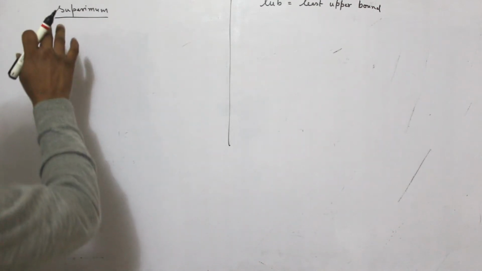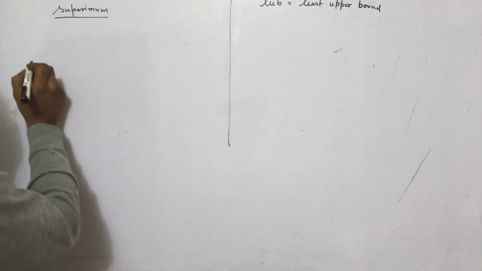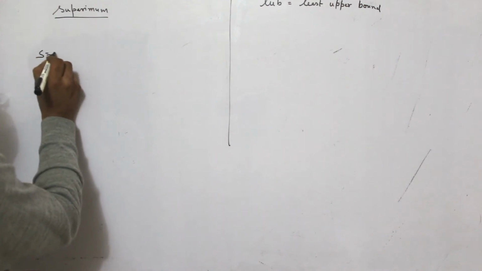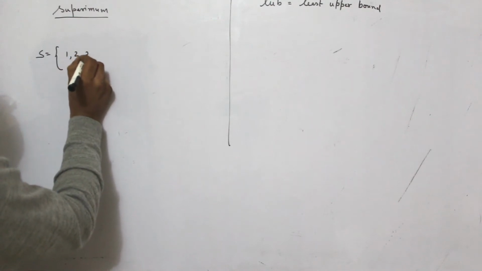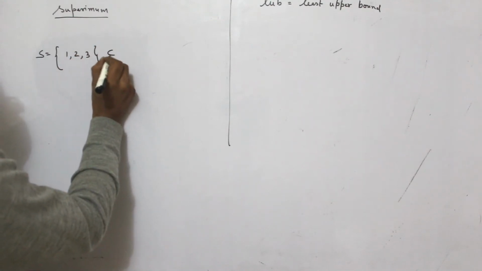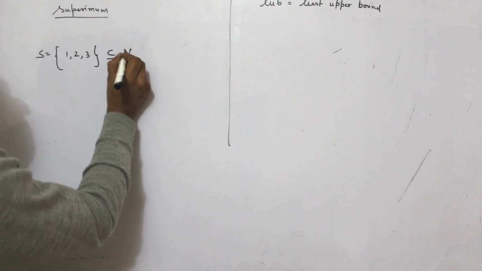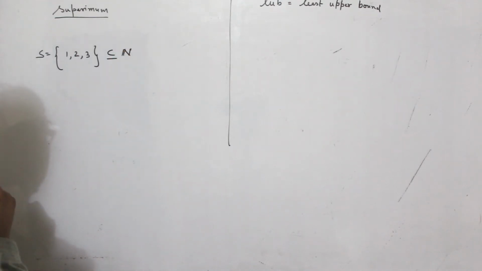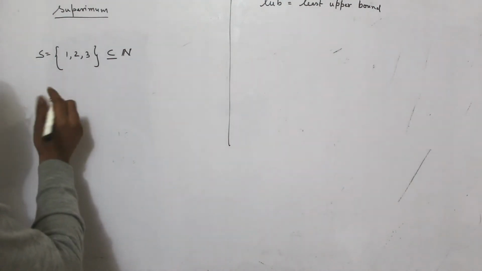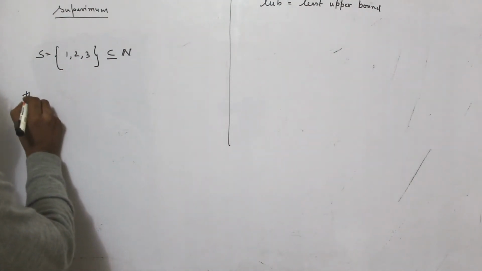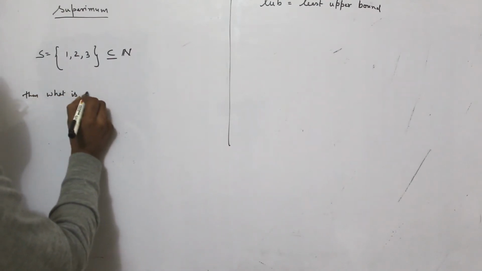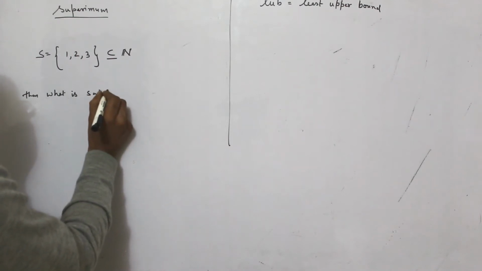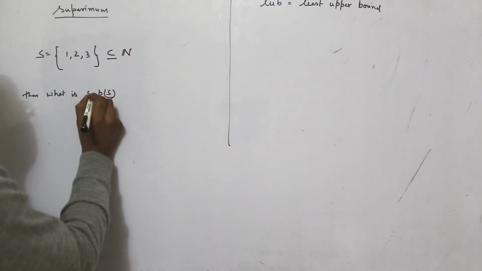First I explain this. Suppose S is a non-empty set which contains 1, 2, 3 elements, a subset of N. I take this subset of N. Then what is the supremum of S?